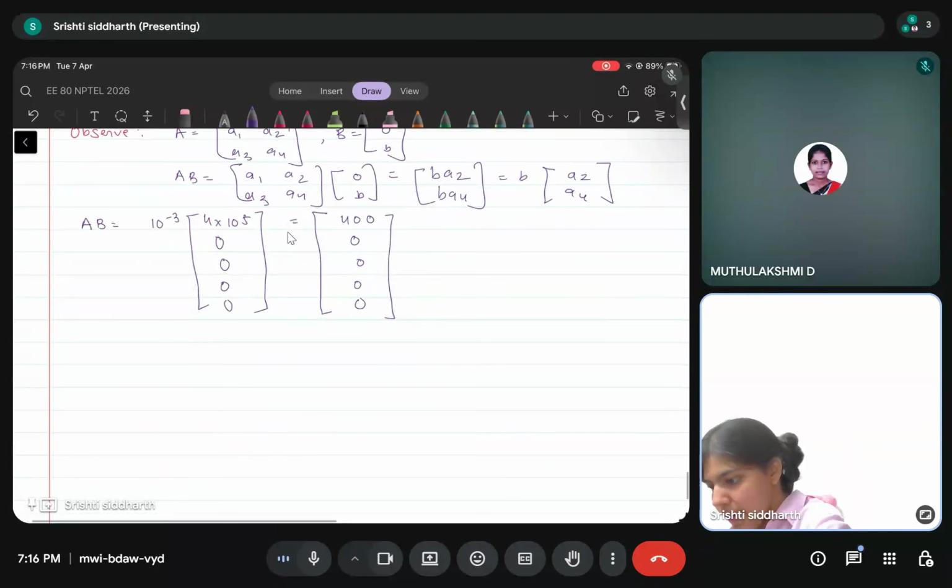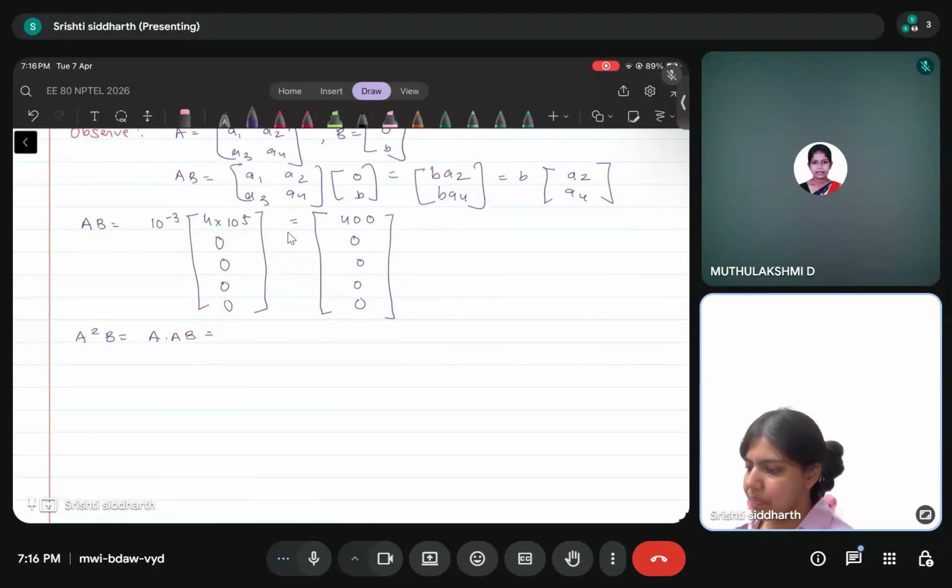We need A squared B, which is A times AB. Okay, so now it's the first column, right? So let's say we have A1, A2, A3, A4 for a second order system.